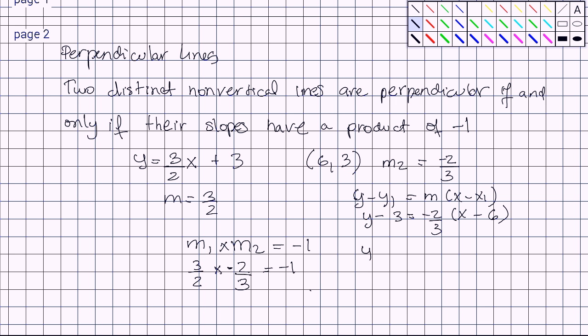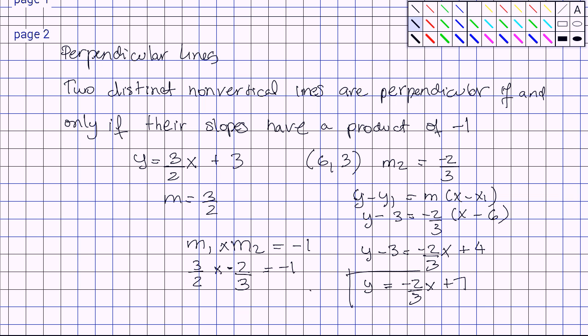So I have y minus 3 equals negative 2/3 x plus 4. If I add 3 to both sides, I have y equals negative 2/3 x plus 7.